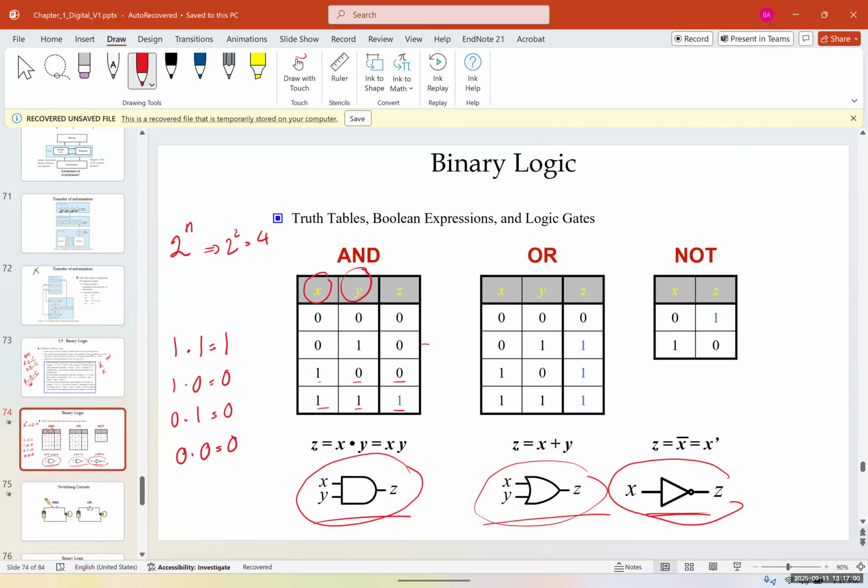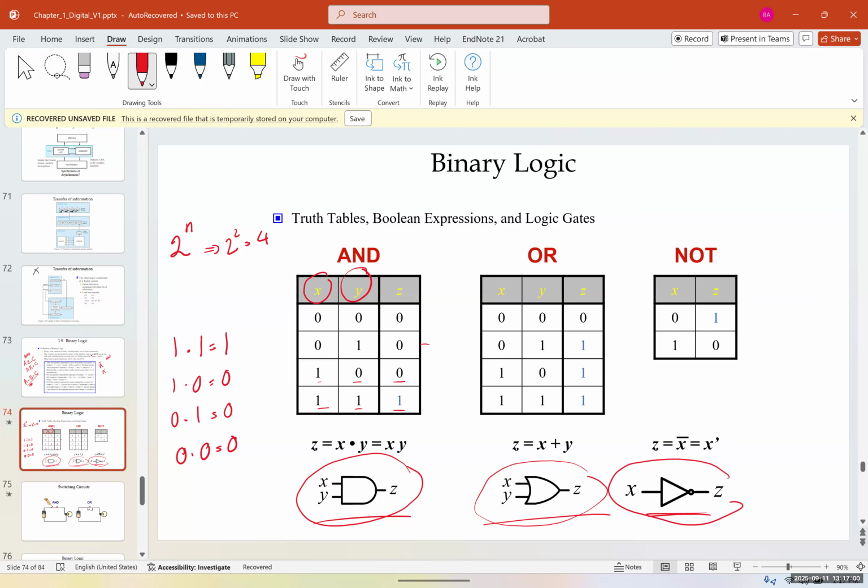And 1 plus 1 gives us 1. So you can see here, 1 plus 1 is not 10, it's 1. It's A or B, or X or Y. The answer is 1 unless both of them are 0.